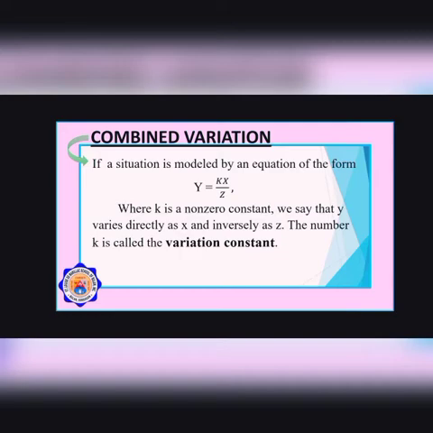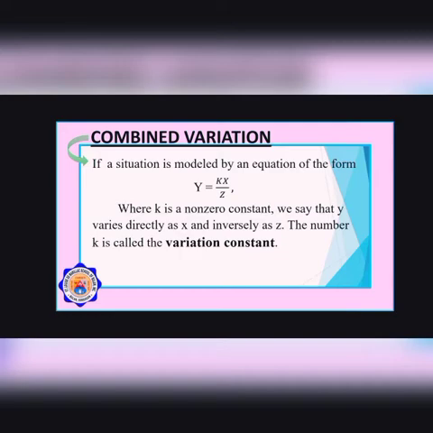So, pinagsama na dito ang directly and inversely dito sa combined variation. Ang direct variation at inverse variation ay pinagsama, kaya naging combined variation. So, the number k is called the variation constant.